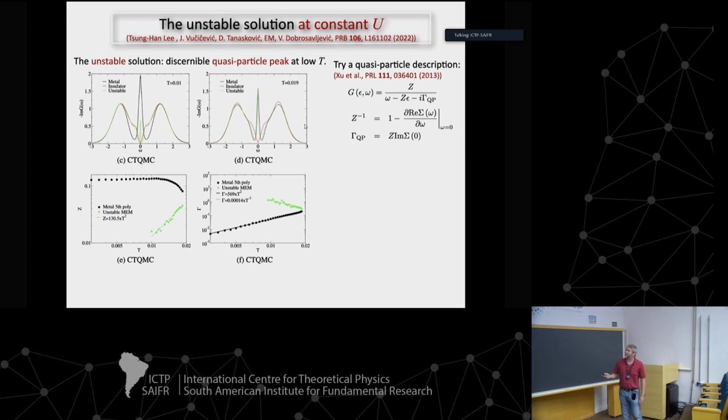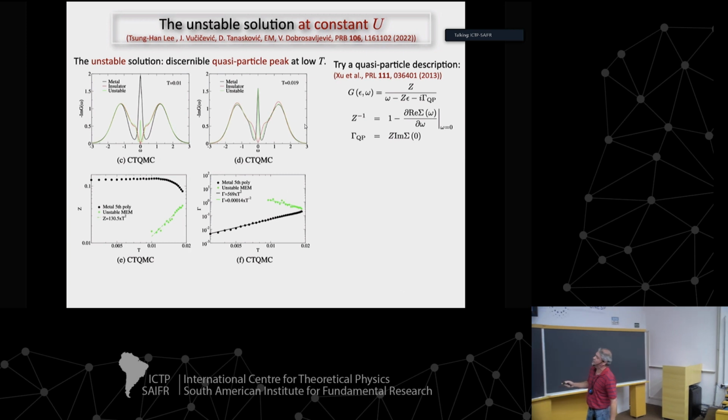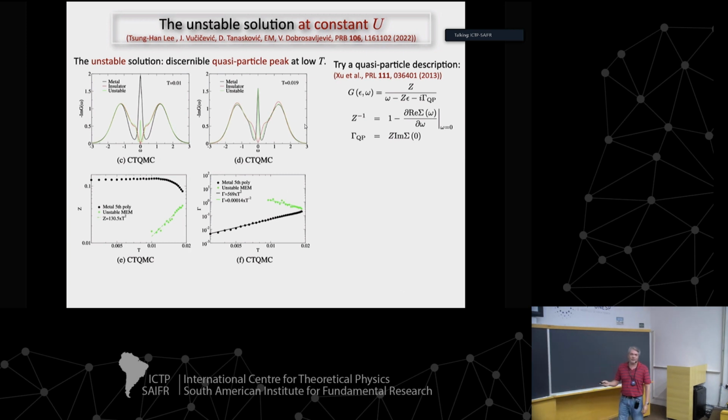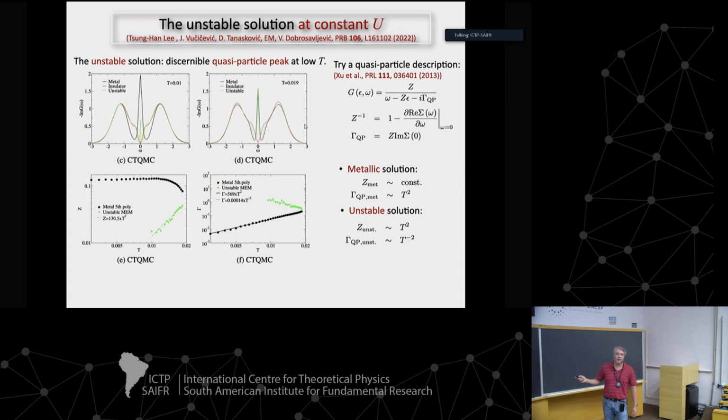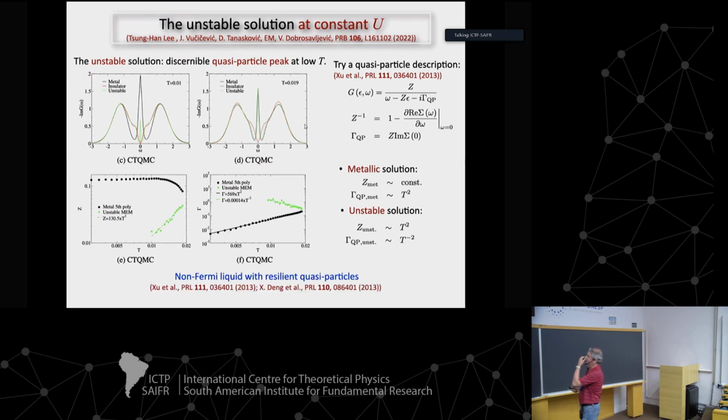But now we look at the domain wall. Z is plummeting to 0 as a function of temperature. It is finite at a finite temperature, but it's going to 0 very fast, actually as T-squared. And the quasi-particle scattering rate is going up with decreasing temperature, with T-squared. This is absolutely not what you would expect from a metal, although it does look like it allows for a quasi-particle description. So it's a strange quasi-particle that's seen here.